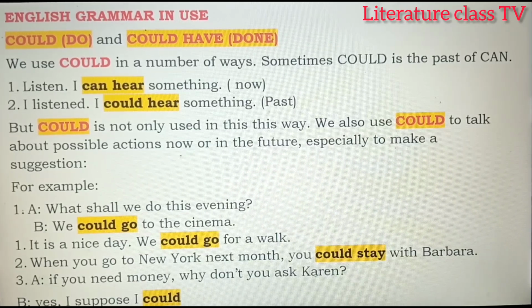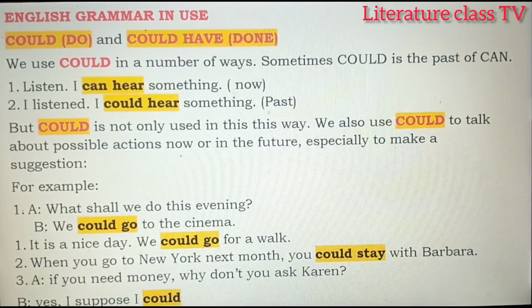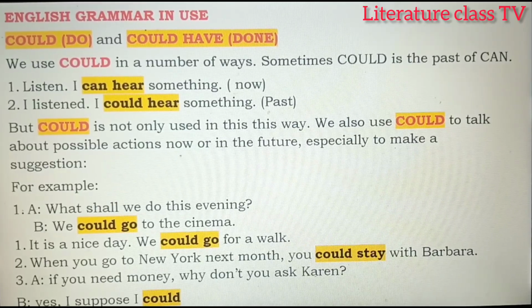The receiver will go to New York next month. But as a suggestion, the receiver could stay with Barbara. It is a suggestion. He can choose another place to stay. It is not a final suggestion.